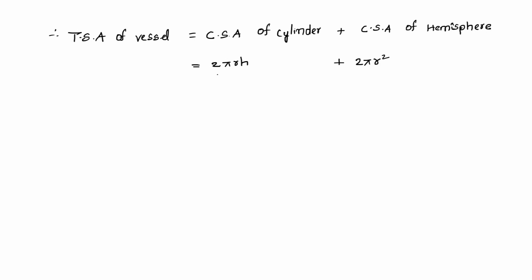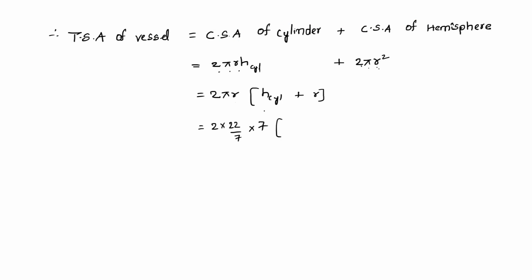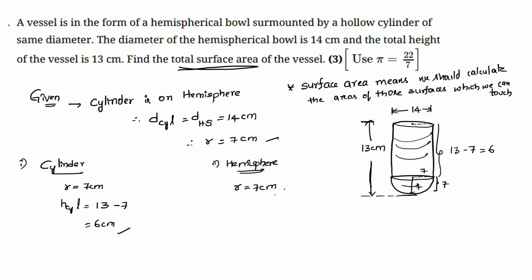ఓకే, నౌ 2 కామన్, pi కామన్, సిన్స్ రేడియస్ కామన్ కాబట్టి r కూడా మనం కామన్ తీసుకోవచ్చు. సో ఇఫ్ యూ టేక్ 2 pi r కామన్, ఇక్కడ హైట్ ఆఫ్ సిలిండర్ ఒకటి మిగులుతుంది ప్లస్ ఇక్కడ ఒక్క ఆర్ మాత్రమే ఉంటుంది. సో 2 ఇంటూ 22/7 ఇంటూ ఆర్ వాల్యూ వీ నో దట్ 7, height of cylinder 6 plus 7.